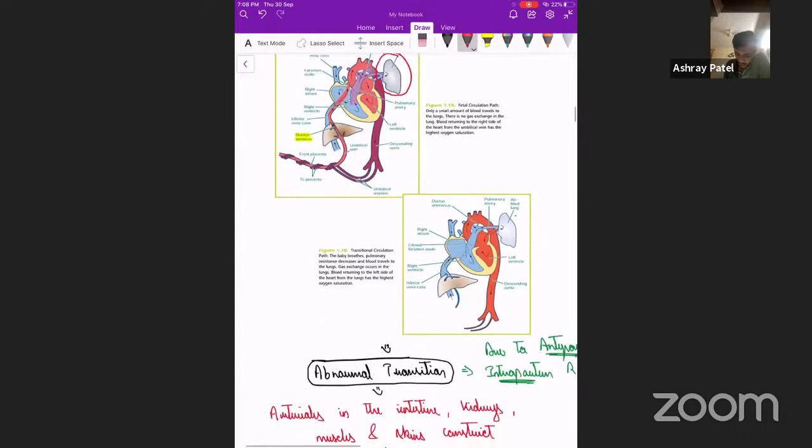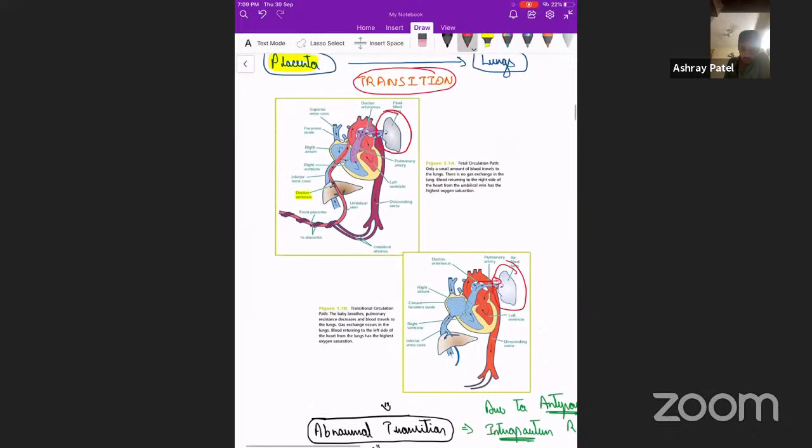That is what happens over here. The fluid filled lungs should be filled with air, and the heart as well should pump blood, so that it will get oxygenated and come back, correct? So this is the transition that has to be made from the fetal circulation to the neonatal circulation.